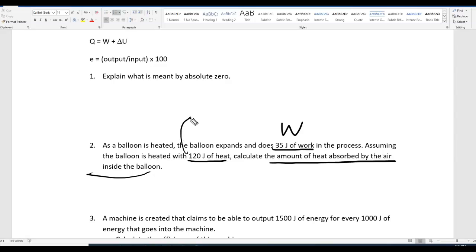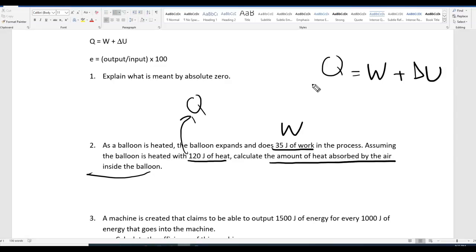So remember, the symbol for heat is Q, and so this is going to be the first law of thermodynamics, which says that the heat that goes into an object or that goes into a system, either some of the energy goes to work or goes to delta U, what we call the internal energy of the system. In other words, it is absorbed by whatever makes up the system.